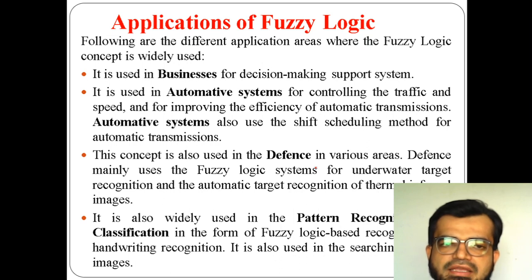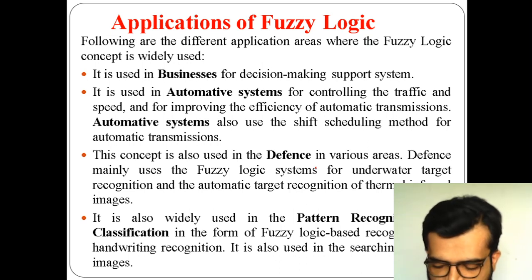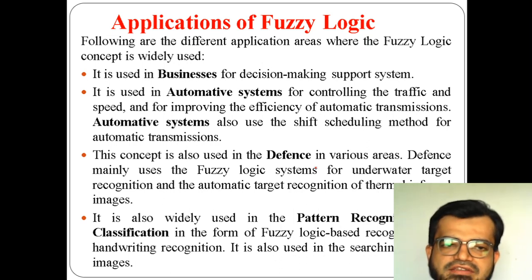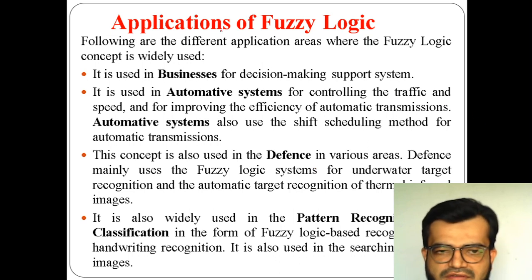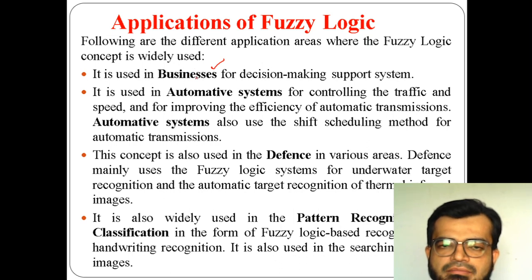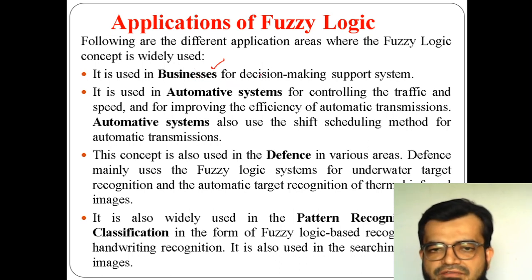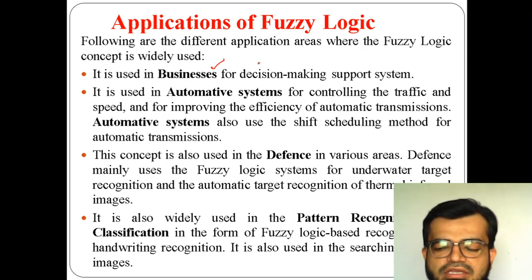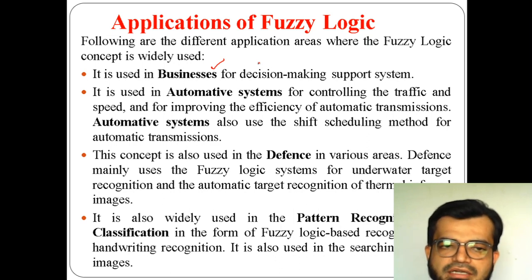In fuzzy logic there are various applications. It will be used in businesses, to decide the particular strategy to handle such case scenarios. You can use fuzzy logic for decision making support systems, as software used to select which decision has to be adopted.